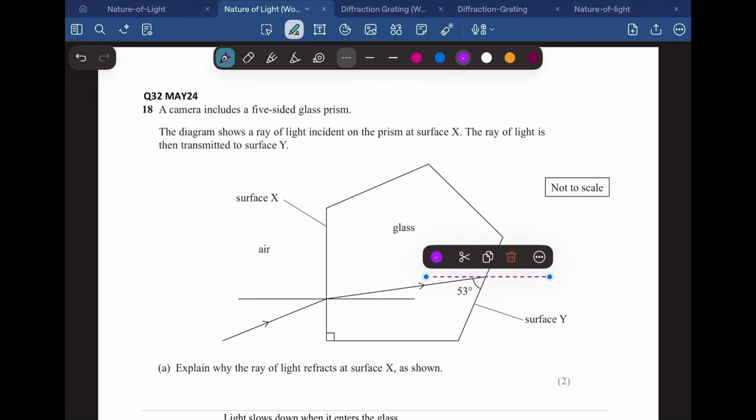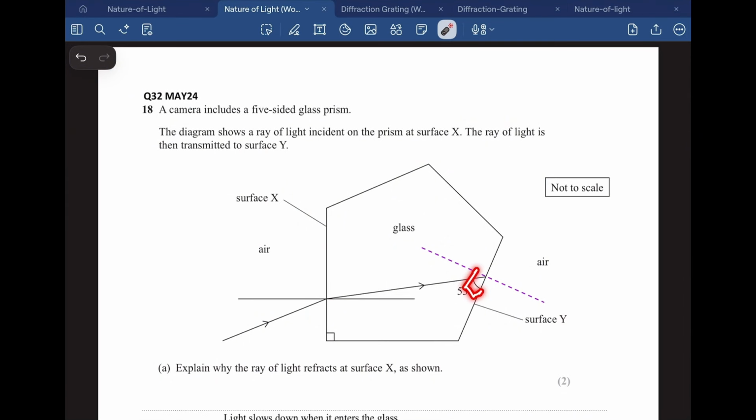It has to be from the normal, and we know the normal is always perpendicular to the surface at which the angle is incident. Okay, now right here what we can see is this is 90 degree as a whole, right?